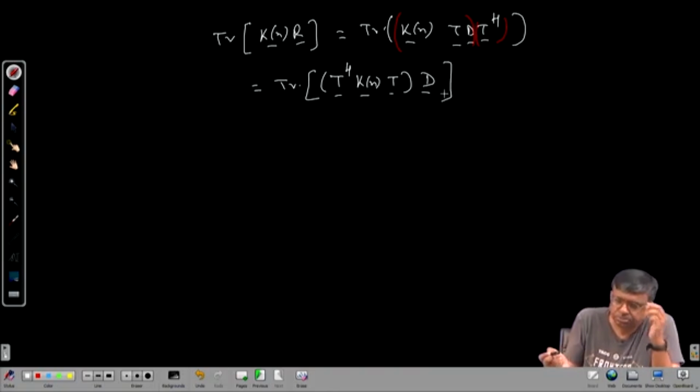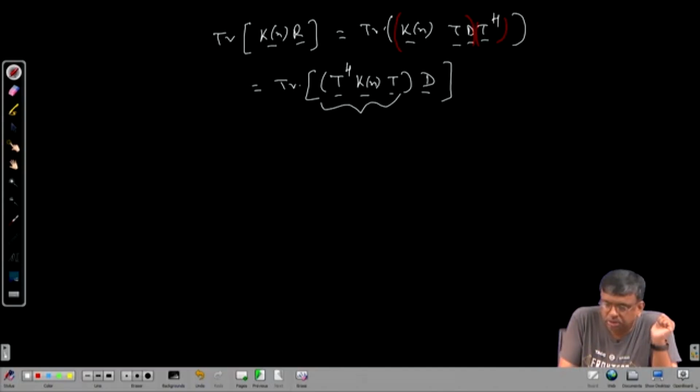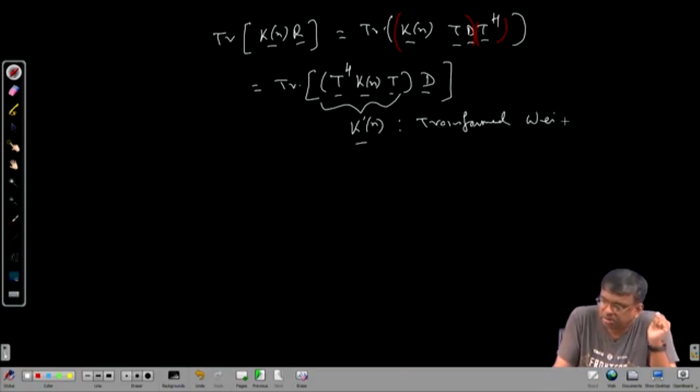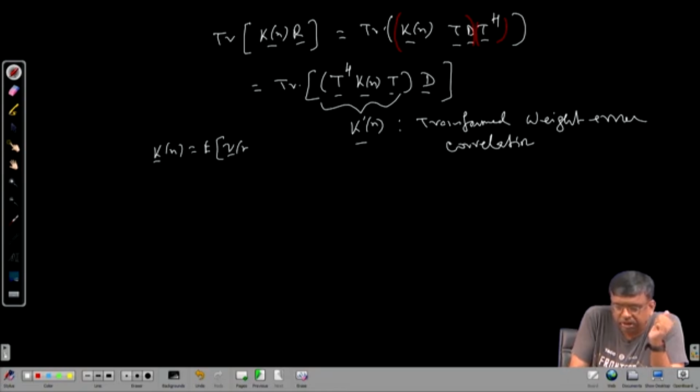right. This is the thing. This I give a new name K prime n, which is transformed weight error correlation matrix. I will explain why you call it like this. I know K n we have seen already, it is E of V n V transpose n.